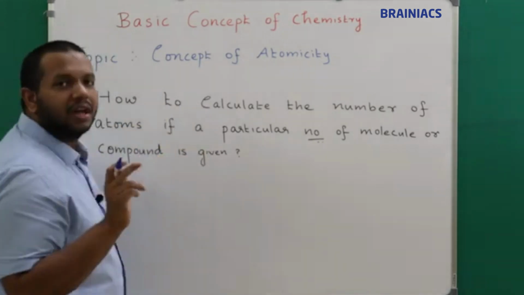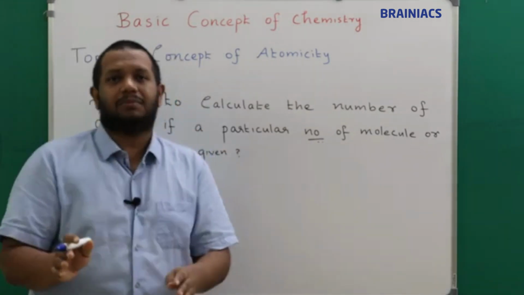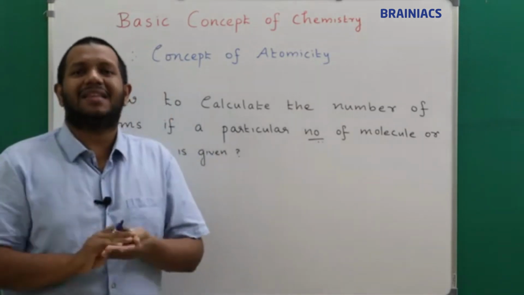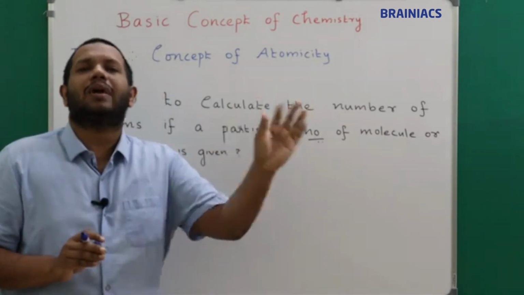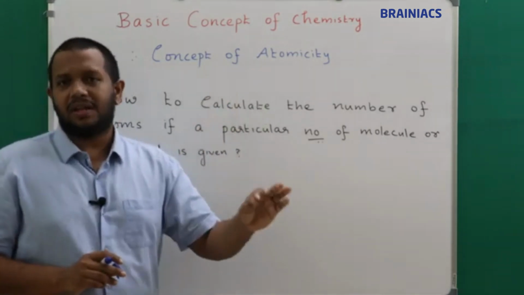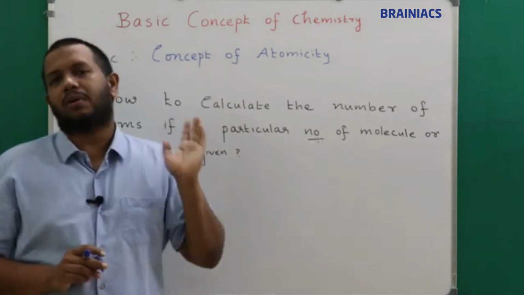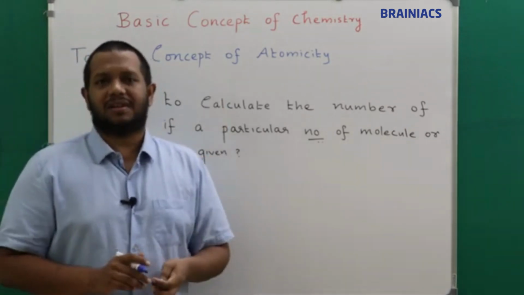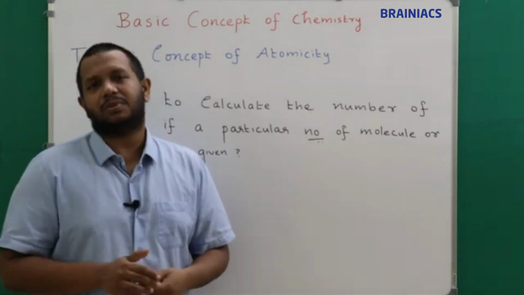First of all, I will tell what atomicity is. Atomicity stands for the number of atoms present in a single molecule or a compound. We will see some examples, then it becomes very easy to understand.